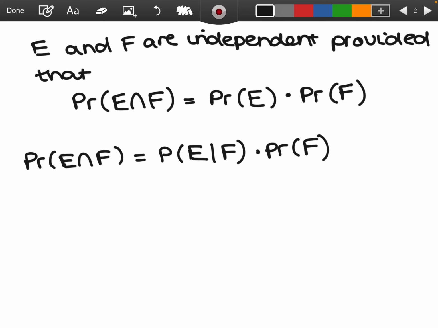Well, if the events are independent, it doesn't matter if F has happened or not. The probability of E, given that F has happened, is just going to be the probability of E. Because if E and F are independent, it's not going to matter if F's happened or not. We're just looking at the event E because they are independent of one another. So the probability of E, given that F has happened, is just going to be the probability that E happens, multiplied by the probability of F, and that's where this comes from.